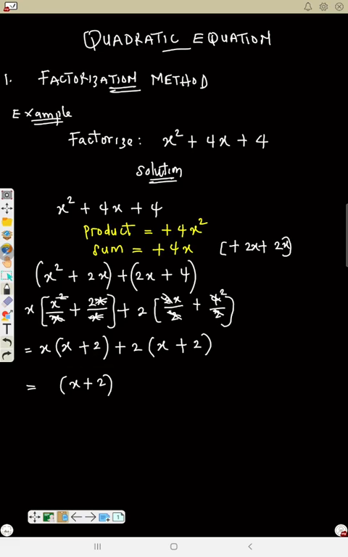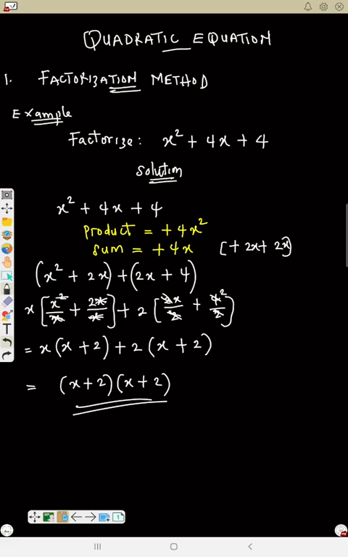Now after that, open another bracket, then the outside one x and this one plus 2. So that's what you do. Again, you write the first one and this one. Since they are the same, write 1 out of the 2. After that, write the outside one, this one and this one. So now to write down, we have s plus 2. That means we have already factorized. Now this is the factorization method.